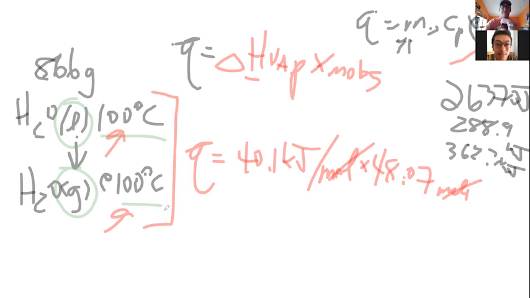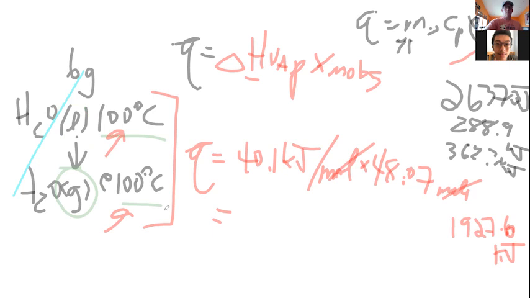So that is 40.1 times 48.07. So that's 1,927.6 kilojoules. So a lot of energy. Takes a lot of energy to boil water. You probably noticed.